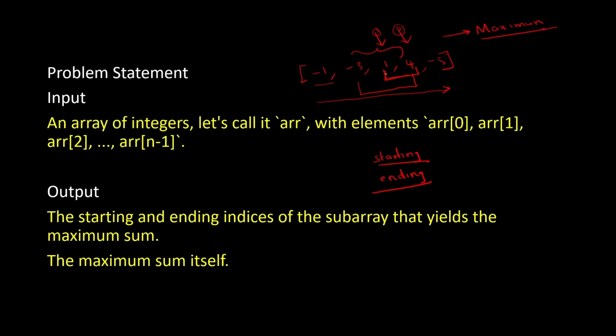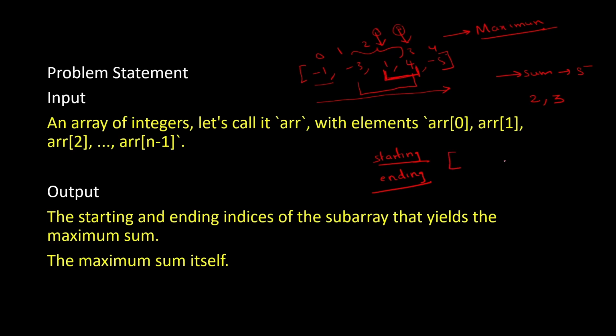And we also need to give the sum. So in this case, the output will be sum is 5, which is 1 plus 4, and 2 as the starting index and 3 as the ending index. Let us see what the solution for this problem looks like.